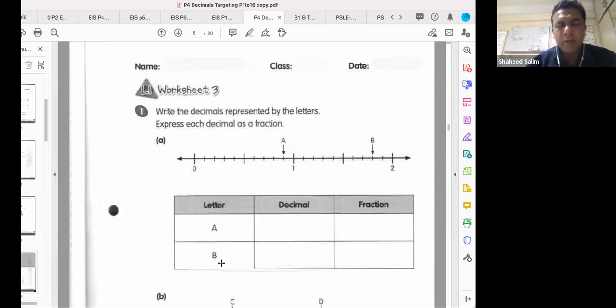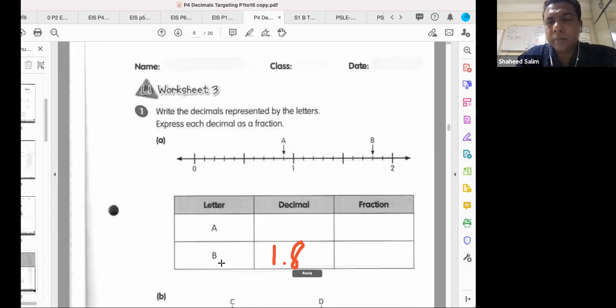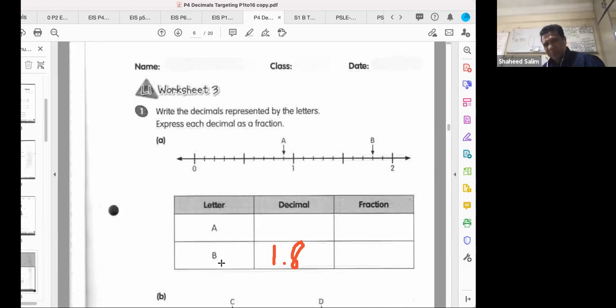Okay, try B. Good, 1.8. Okay, well done. And in fraction, what is it? Correct. Good, well done.